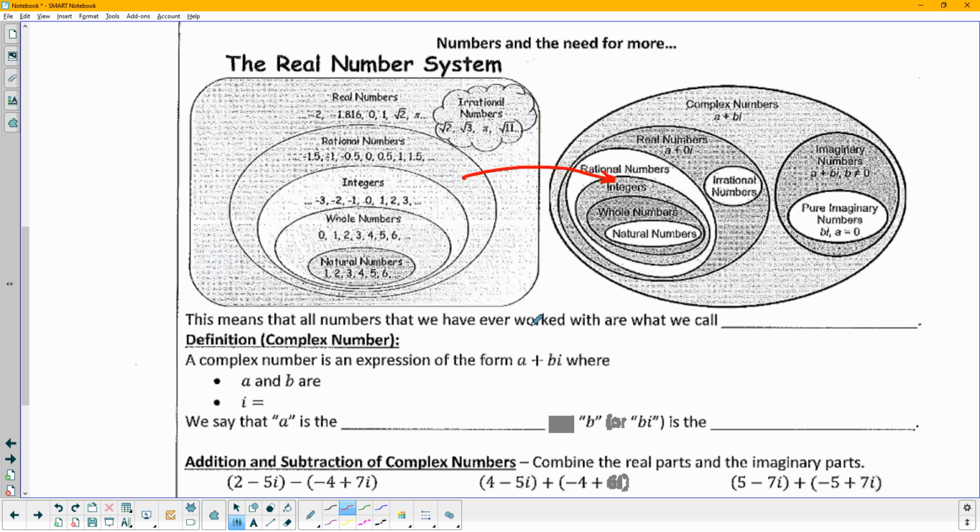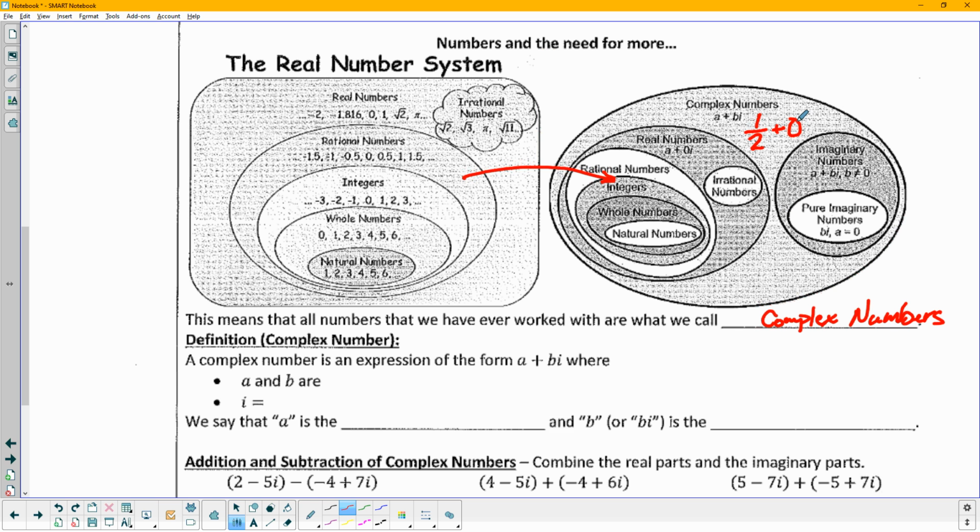Okay. So what that really means, and we always throw around the word real numbers, is that all numbers that we've worked with are what we call complex numbers. I want to make sure that I'm not taking anything away from before. If there's no imaginary part to the number that you have as an answer, if your answer is something like 1/2, 1/2 fits in here.